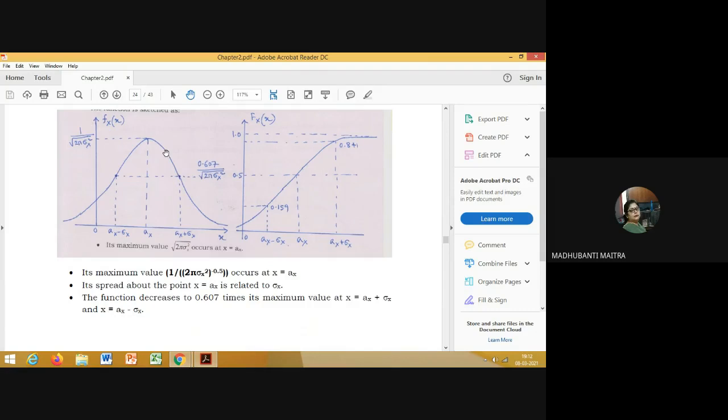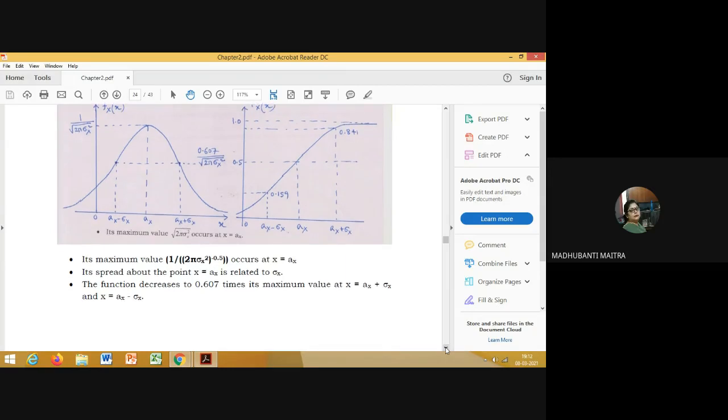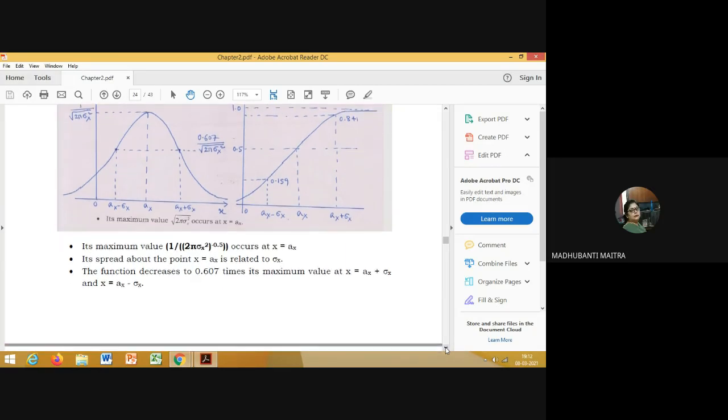From these 2 plots, it's clear that the corresponding random variable x is a continuous random variable, and the Gaussian density or distribution function is continuous.